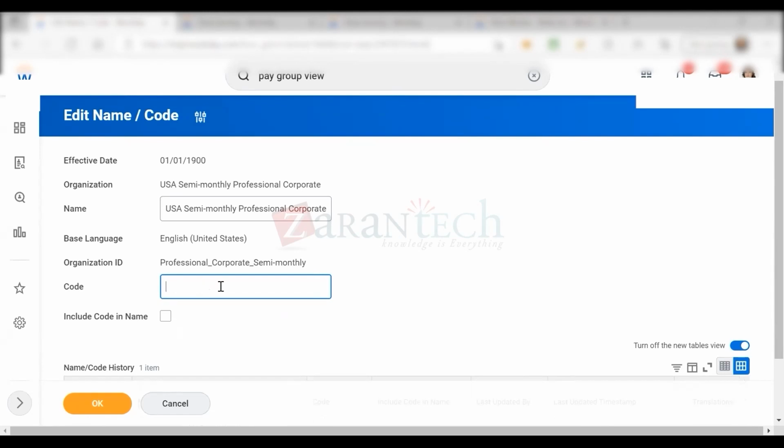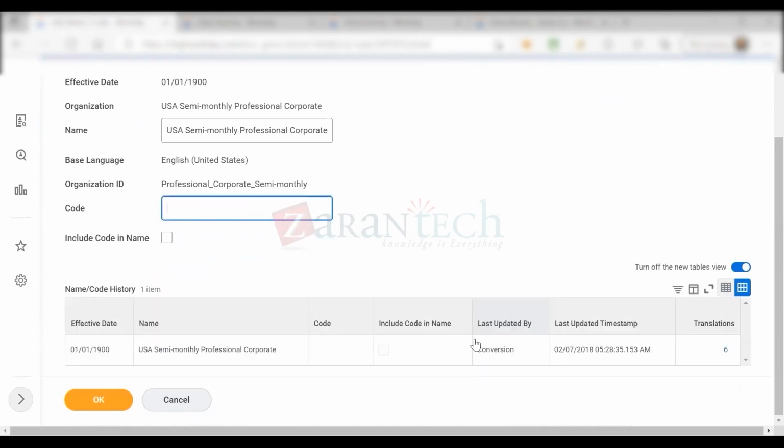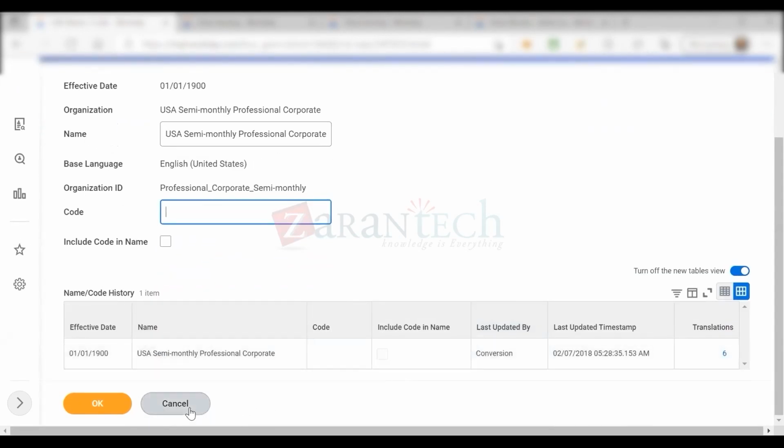It's not mandatory, but just in case, if I want to maintain something like US SM Pro as my code, which is easy to remember, I can do it. If I want this code to be part of my name, I can check this box. But I don't want to show it in the name. I don't want to maintain a code. There is no need.